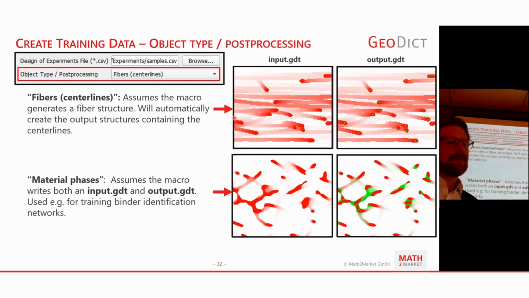In object type or post-processing, there are currently two options. You can choose either fibers, center lines, which we will do here, or you can choose material phases.